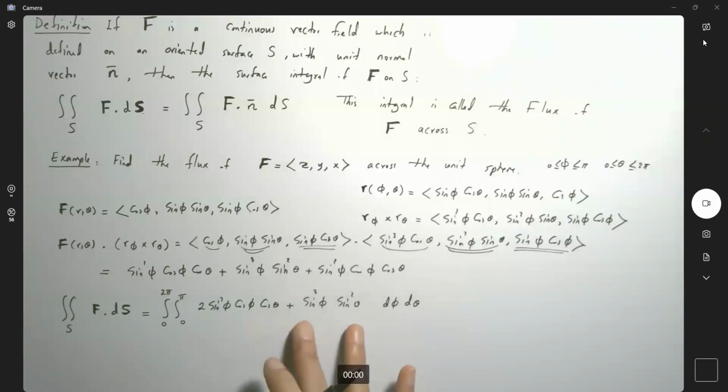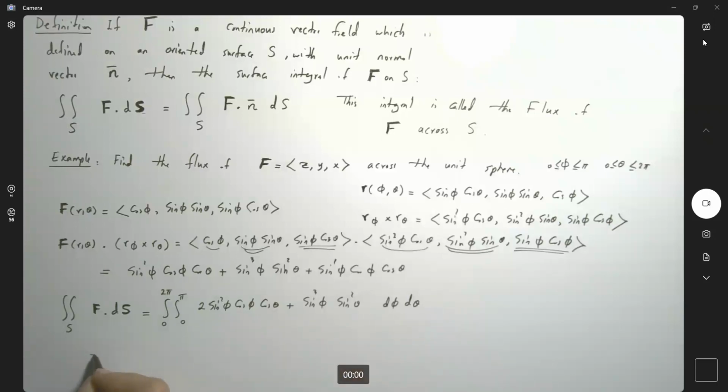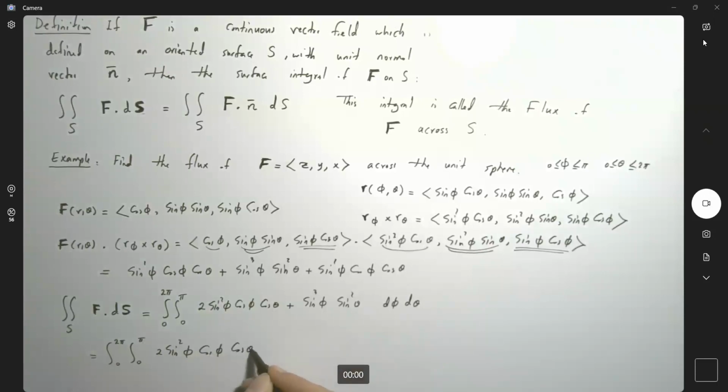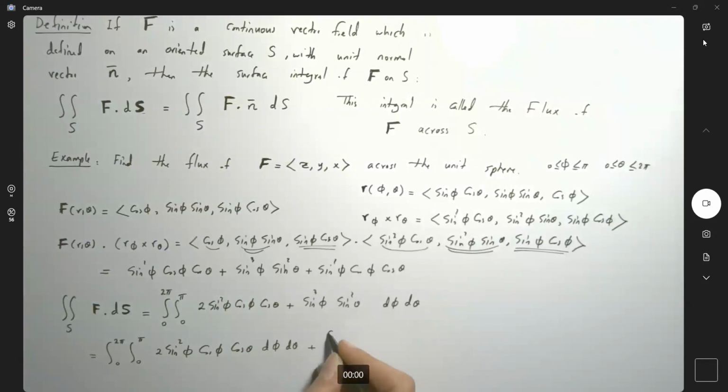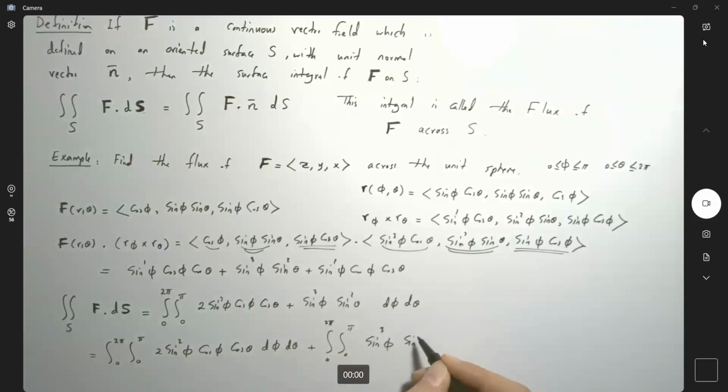We can separate these two and take the integrals separately. So here you have the integral 0 to 2 pi, 0 to pi, of 2 sine squared phi cosine theta d phi d theta, plus the integral 0 to 2 pi, 0 to pi, of sine to the third phi sine squared theta d phi d theta. Very good.